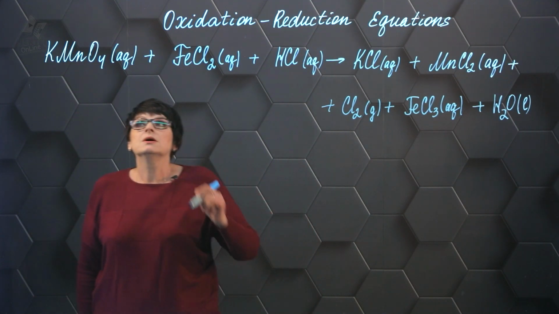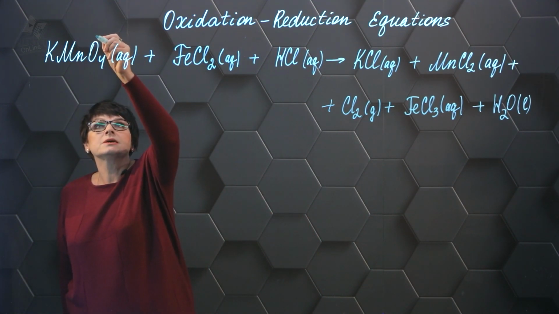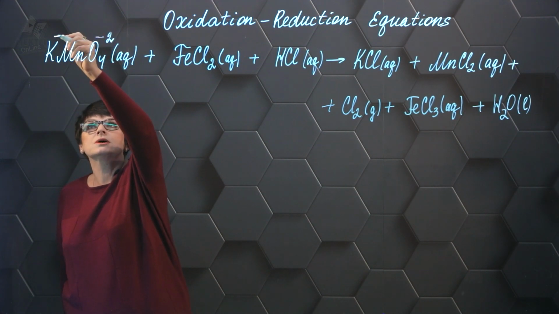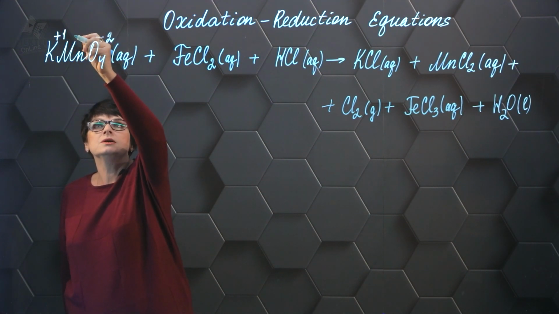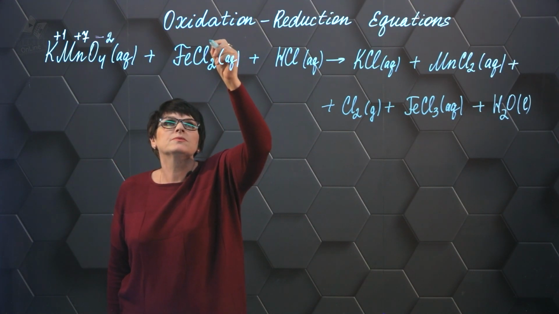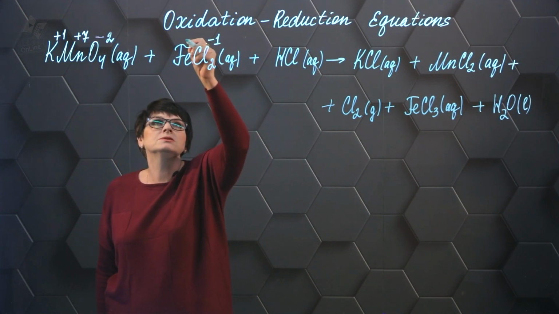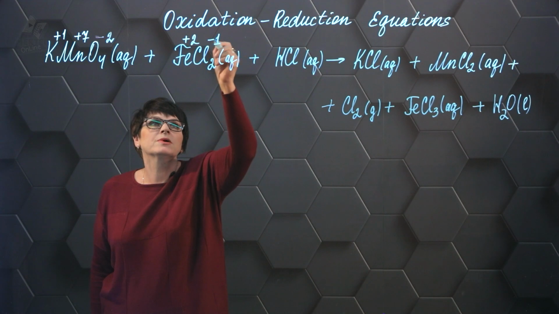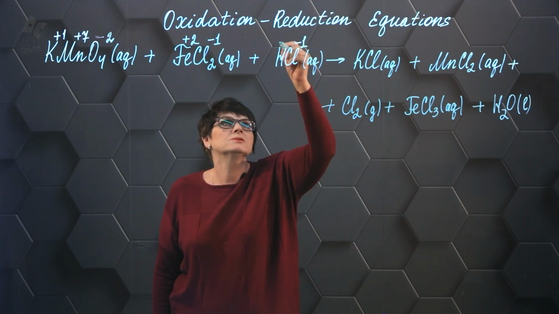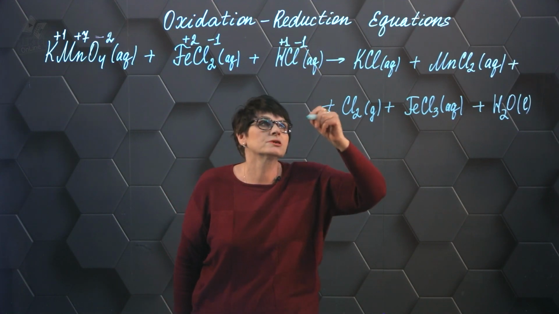Step 1. Determine the degree of oxidation. We start at the end: -2 for oxygen, +1 for potassium, and manganese in this case would be +7. Ferrous chloride (FeCl2) is -1 for chlorine, +2 for iron. Rule of the cross. Hydrochloric acid has chlorine -1, hydrogen +1.